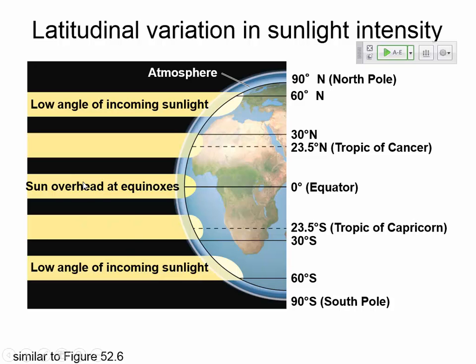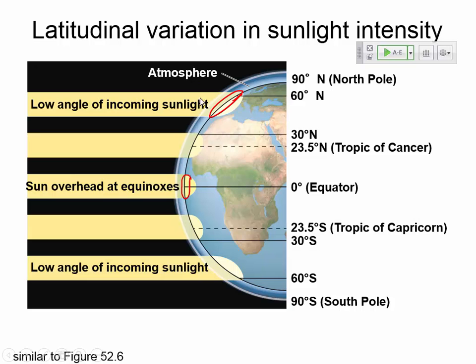For example, if we consider the equinoxes, when the sun is hitting the Earth straight on at the specific location of 0 latitude, the equator, then it should make intuitive sense that the same amount of sunlight is striking a smaller area at the equator than if you compare a comparable amount of incoming sunlight at a higher or lower latitude, in which case the same amount of light is being spread over a larger area, so it's less intense.